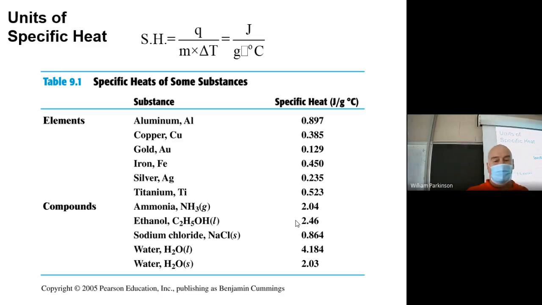When you compare those numbers for liquid water to copper, it says that the water has a specific heat or heat capacity over 10 times as big. If you take 0.385 times 10, it'd be 3.85. Still not as big as the number for water.